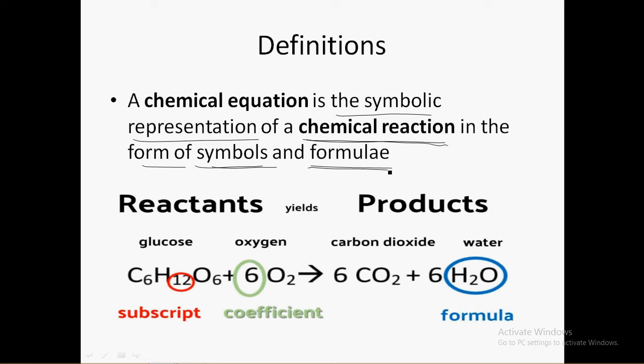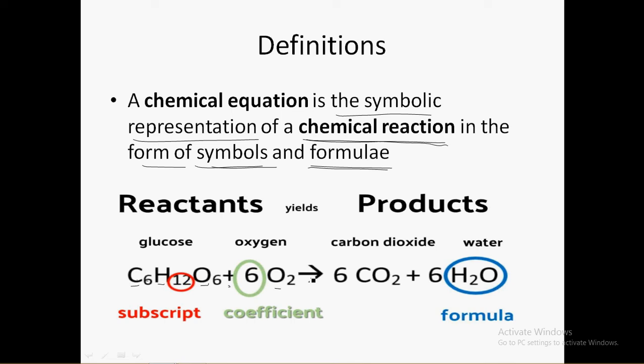This is glucose, C6H12O6: carbon, hydrogen, and oxygen. Plus, we combine another oxygen.